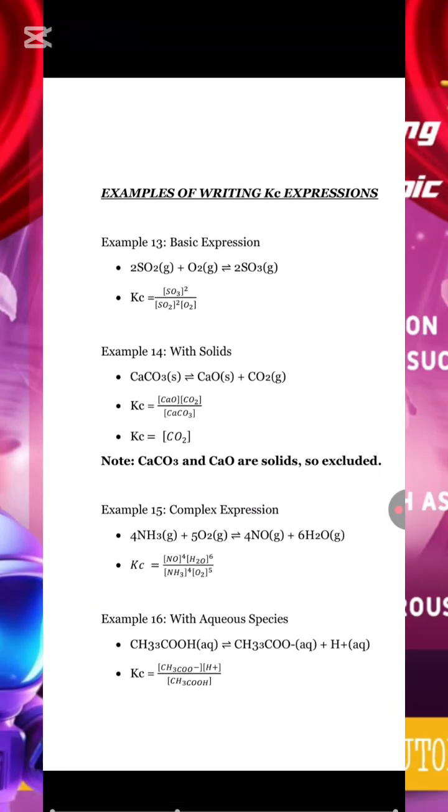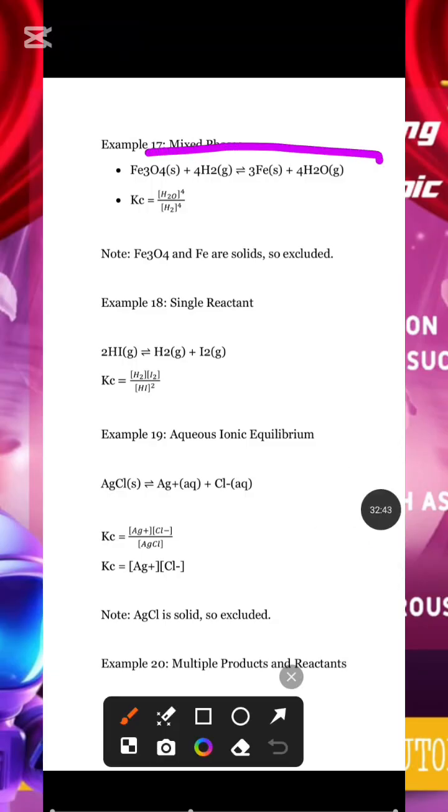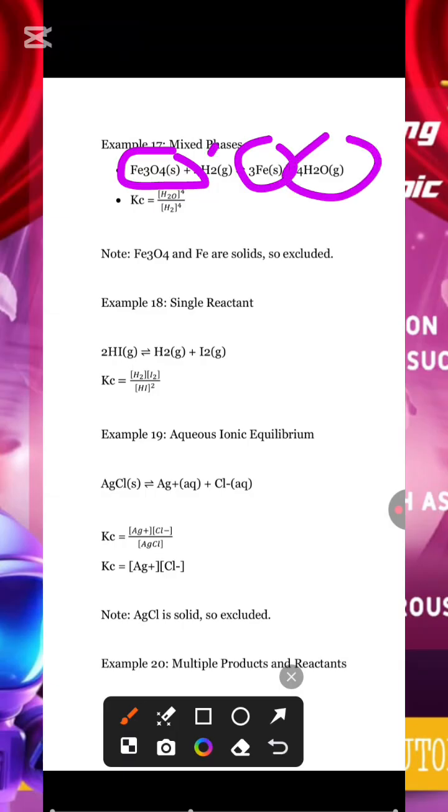You can also observe a similar pattern is followed in example 16. Now the same thing happens in example 17. I eliminated all the solids. Observe the equation very well. You will see that this one is solid and this one is solid, but this one is a gas and this is a gas.